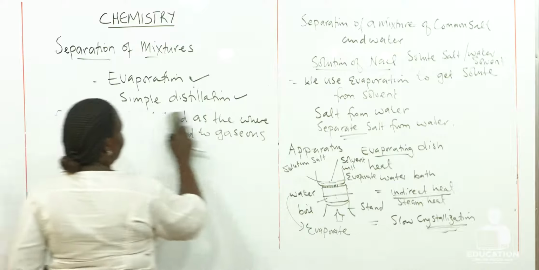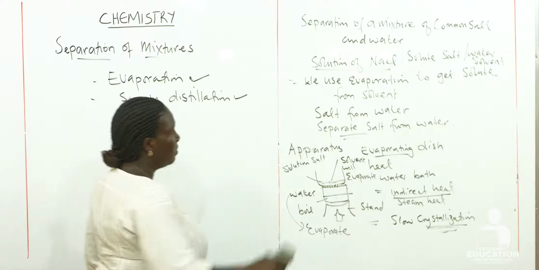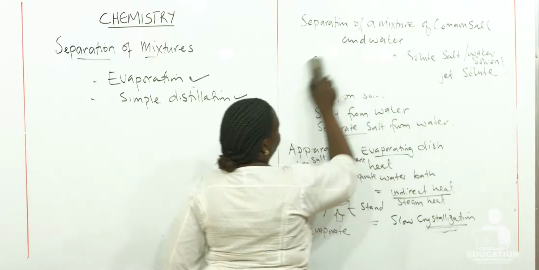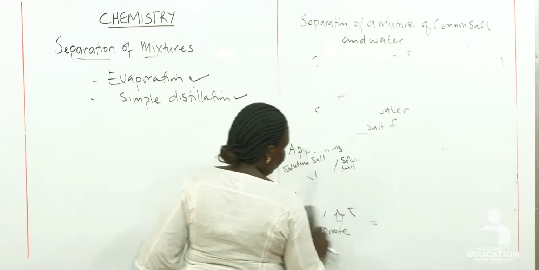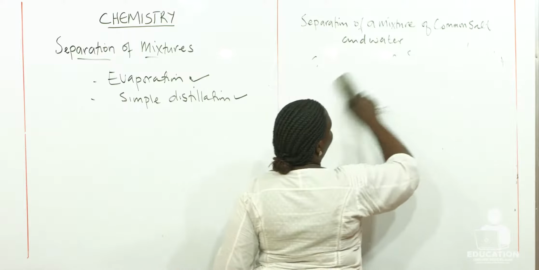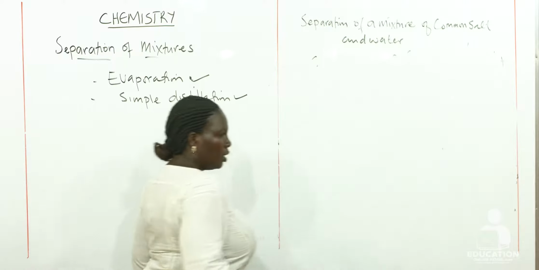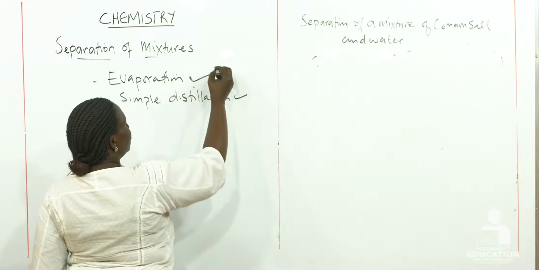In the second method, we have what is called simple distillation. In simple distillation, instead of getting the solute, we now need the solvent. In evaporation, the main focus is to get the salt.